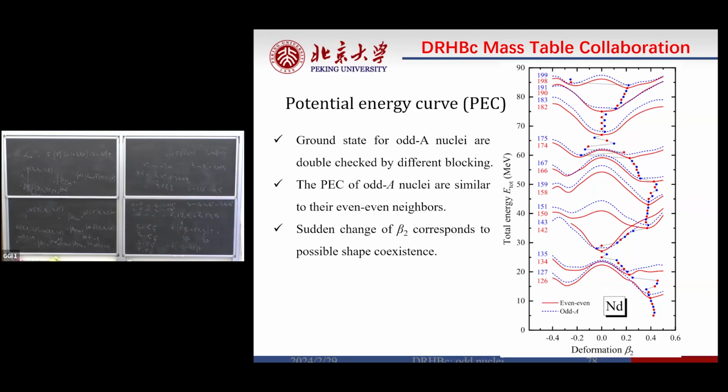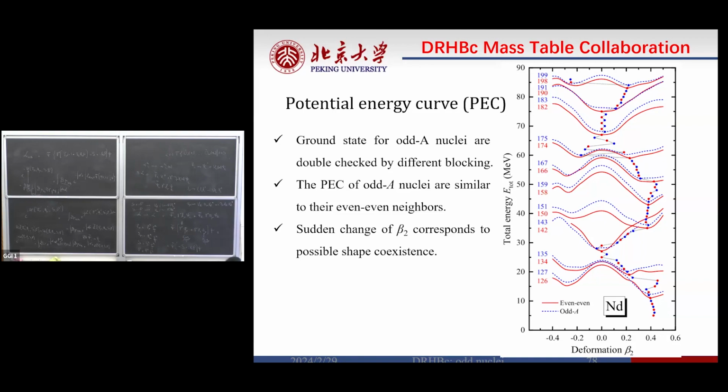And secondly, for the odd nuclei, if you have a different blocking, you could find a lot of local minima. This local minimum is not necessarily the ground state. So what can you do? What you should do is to do a constraint calculation.